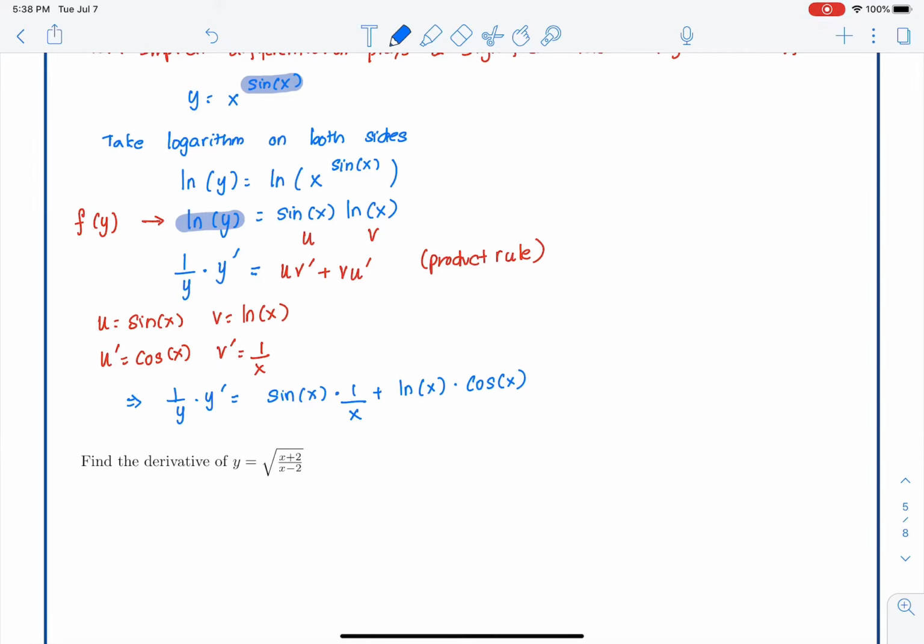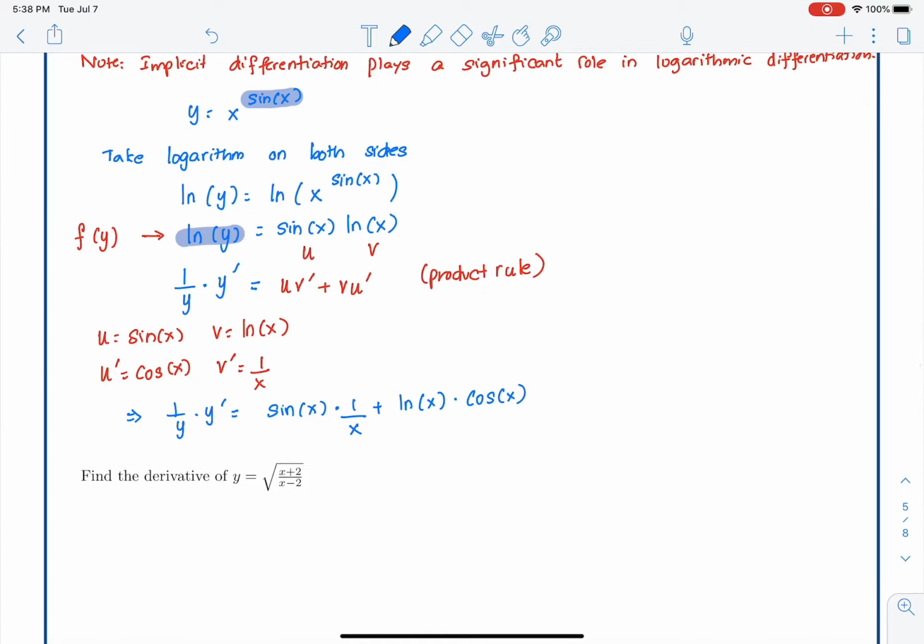There isn't much we can do in terms of simplification, so we have 1 over y times y prime equals sine x over x plus ln of x cosine x. So y prime would equal y multiplied by sine x over x plus ln of x cosine x.